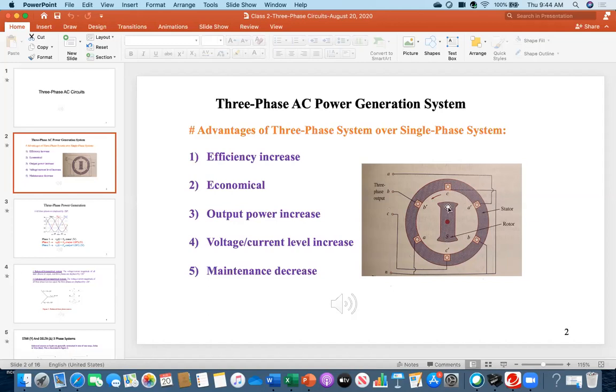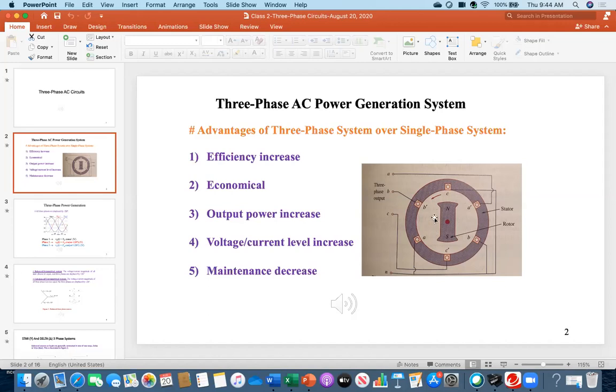And then in between, you see there is a magnet having a North Pole and a South Pole. You remember that in the last class, I explained there could be a prime mover or a turbine together with a shaft to which this magnet will be attached.